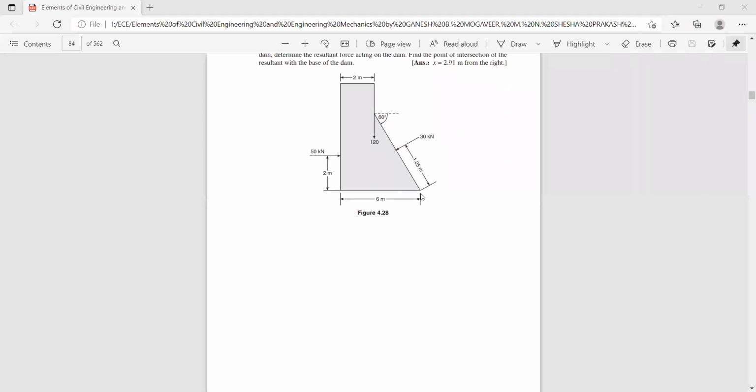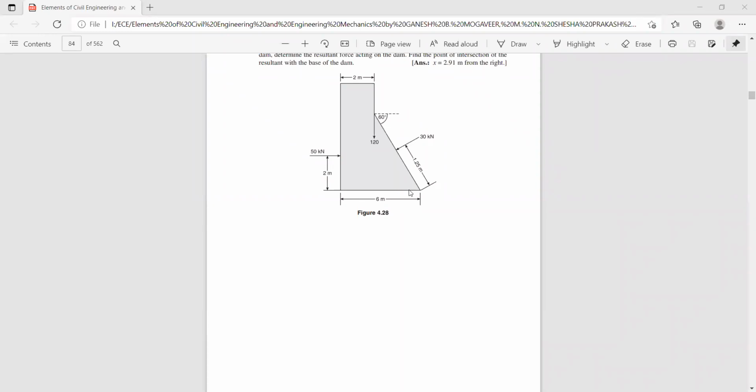Let us call this point F, this point G, and this point H. Now consider this triangle HFG. We want HG, because for the horizontal component, the perpendicular height becomes this one. Now find this height HG.